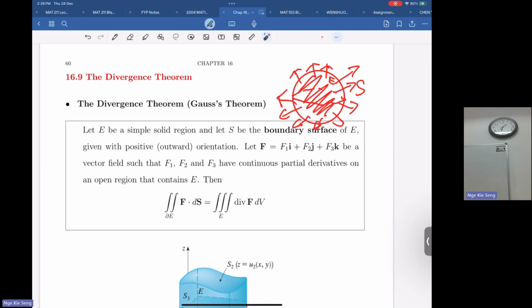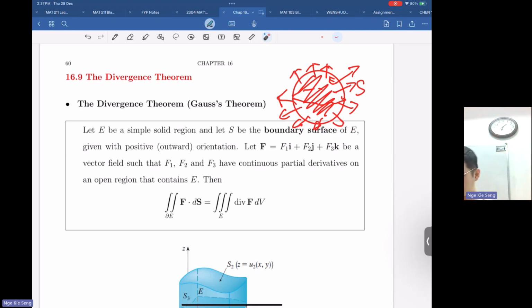Remember, the surface integral dots the vector field with your unit normal vector. That's why we call it divergence: if the field aligns with the outward direction of the surface, meaning it points outward, it is diverging.